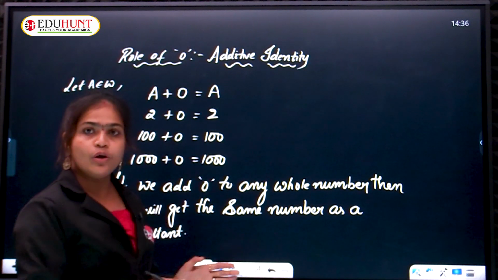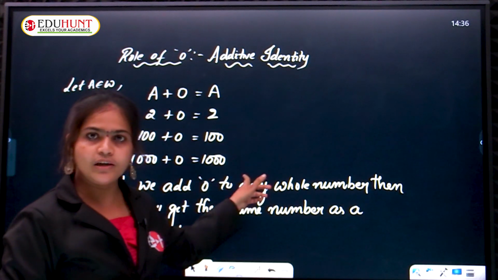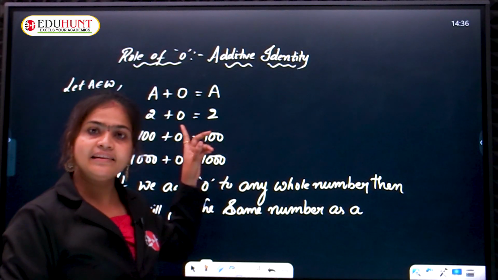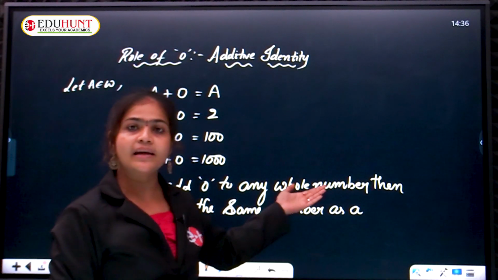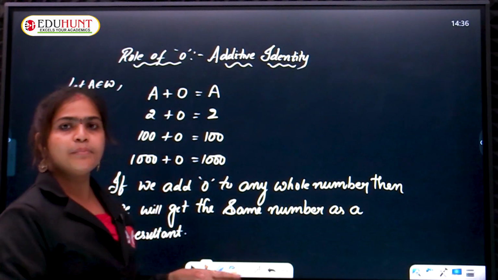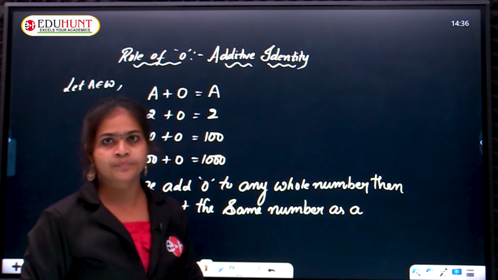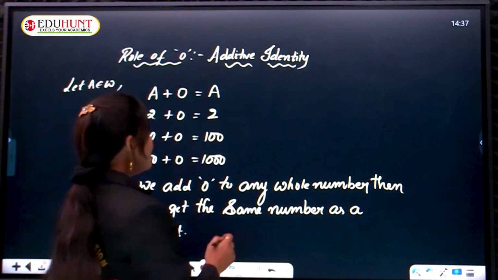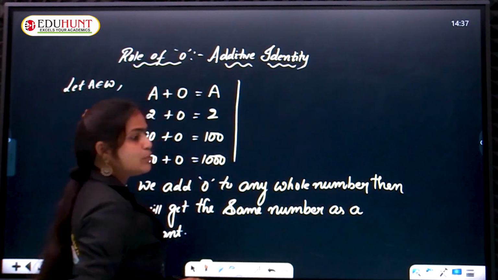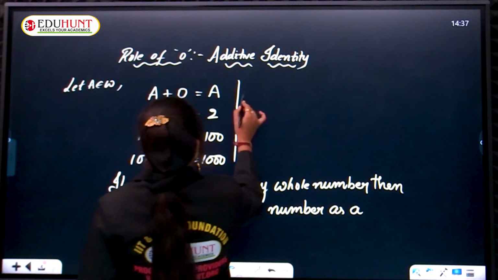To any whole number, which number are we adding here? Always we are adding 0 only. When we add 0 to any whole number, again and again we are getting the same number itself. What number we are taking here, the same number we are getting as a resultant. Understood, ma? That's why the element called the additive identity element is 0.